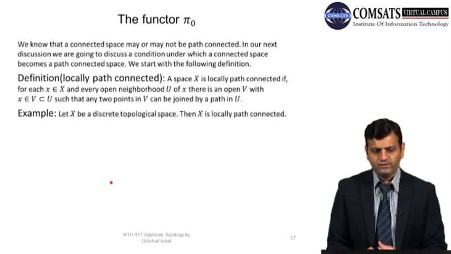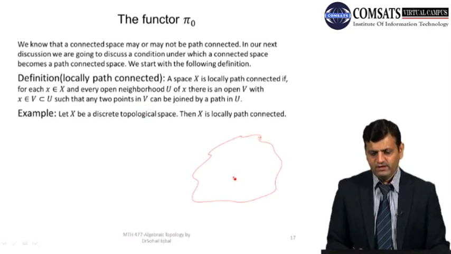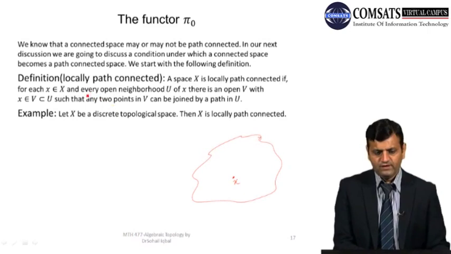So we have to define what is locally path connectedness. A space X is locally path connected if for each x belonging to X and every open neighborhood U of x there is an open set V such that this V is path connected. What we are trying to say is that for every x and every neighborhood, and this is very important.